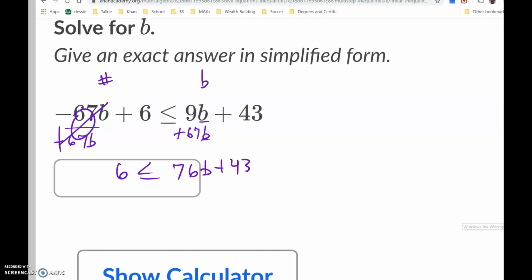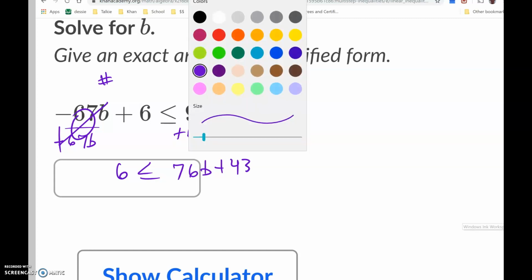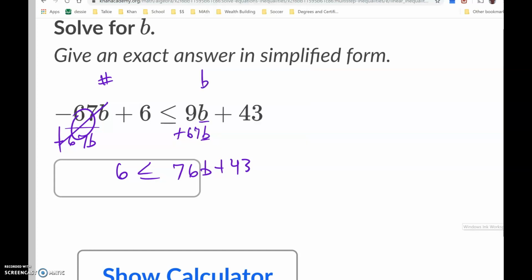And now we can begin to get rid of these numbers on the b side. So let's start by getting rid of the number that's being added. To eliminate a number that's being added, we're going to subtract. We subtract 43, and 43 minus 43 is 0, and 0 plus 67b is just 67b. That's what it means to eliminate it. We're not just crossing things out and switching things over.